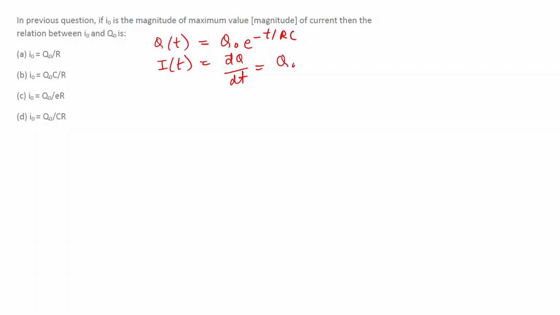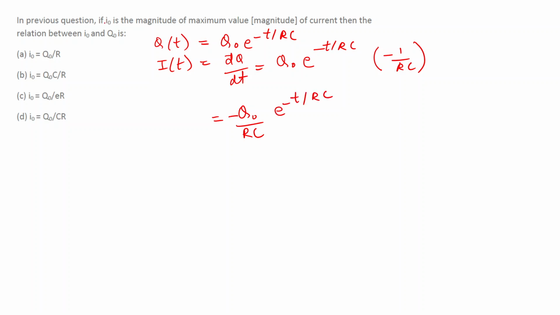Q naught will be constant, this will be e to the power, the derivative of exponential remains, and then we will take the derivative of the exponent, which will be minus 1 over RC. So minus Q naught over RC, with a negative sign as well, and the exponential factor.